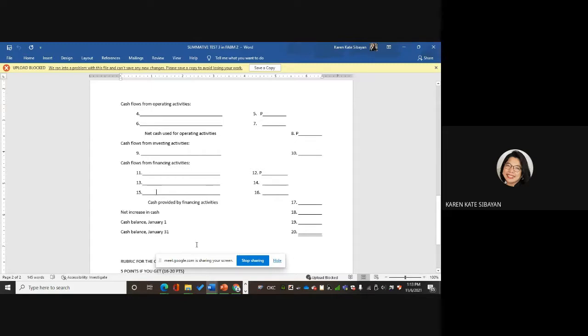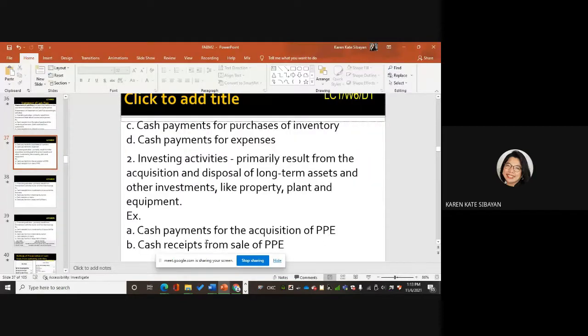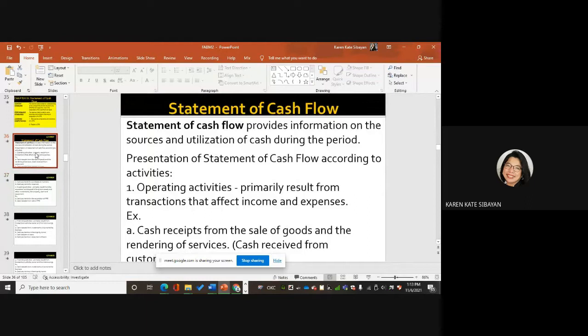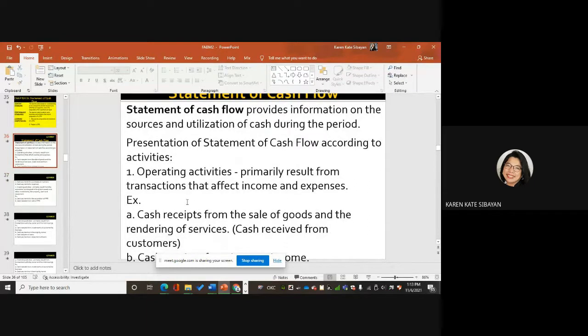Tingnan natin. Okay? Ulitin ko. So, number 1, para masagutan yung quiz, ask yourself, meron bang nangyaring or may naka-receive ba si Mr. Cruz or nagalaw bang income and expenses? Meron ba siyang na-receive na pera because he rendered services?